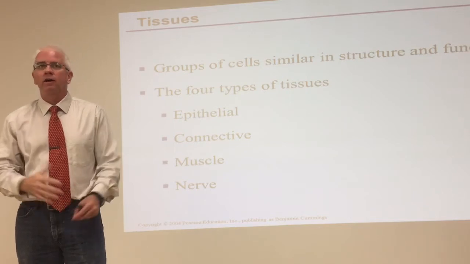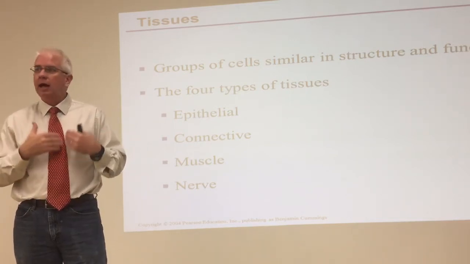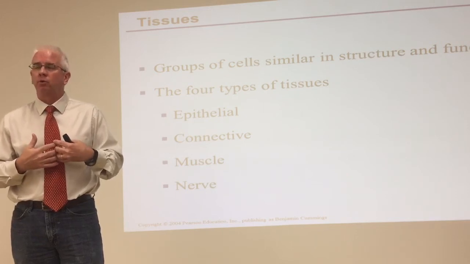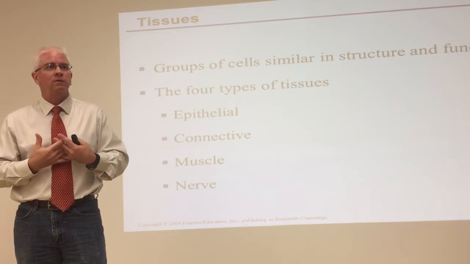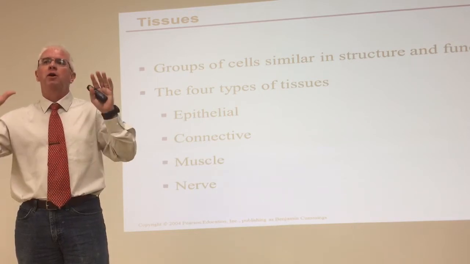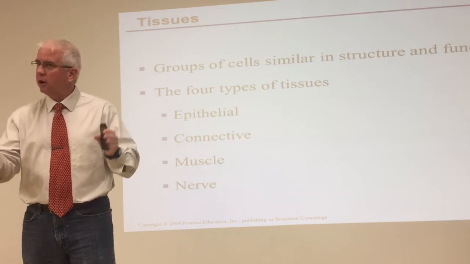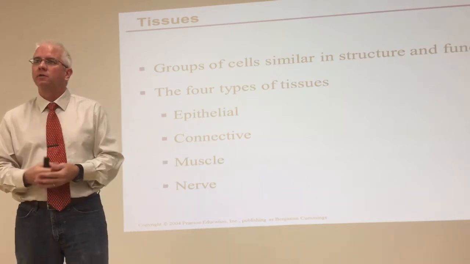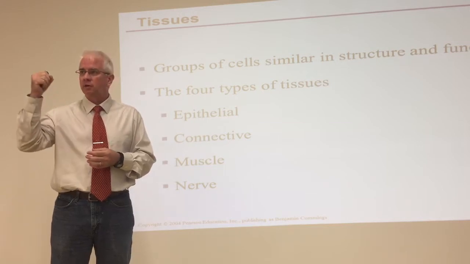Exactly. So if somebody's doing heart surgery and they're doing bypass, they're going to have to cut through parietal pericardium in order to get to the surface of the heart, which would be known as visceral pericardium.